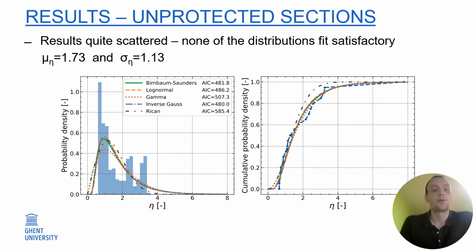The mean is 1.73, the standard deviation is 1.13. And we tried fitting some distributions to this data, but because there's a lack of clear pattern, none of those distributions fit really well. Although if we consider the cumulative probability density function on the right-hand side of the plot, the agreement is actually better than we would expect.